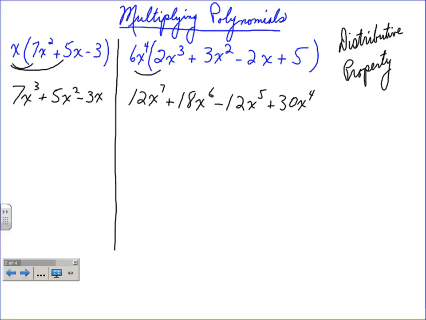If they were not in order, then what we would do is put it in descending order, because that's called standard form, after you multiply everything out. And if you multiply and you have like exponents, you add them together afterwards. Correct. If you have like exponents, yes.